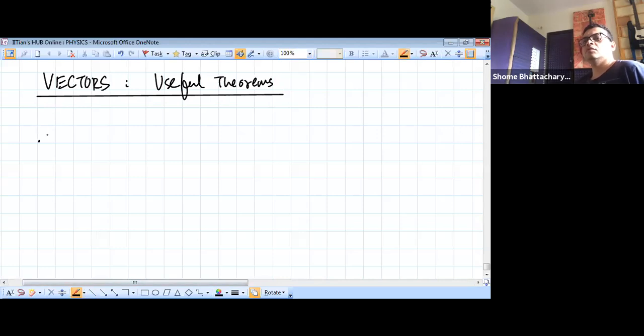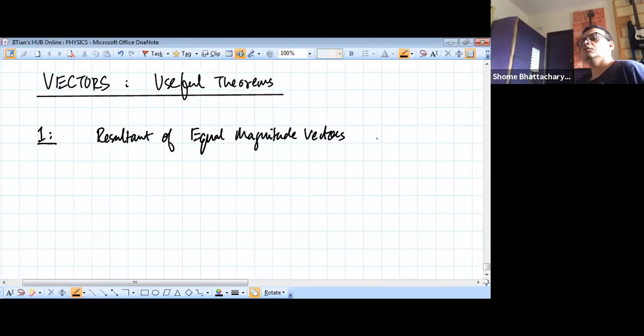So the first one is to do with the resultant of equal magnitude vectors. You can also treat this like the rhombus theorem.